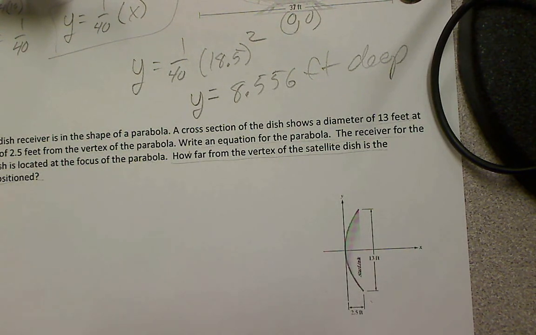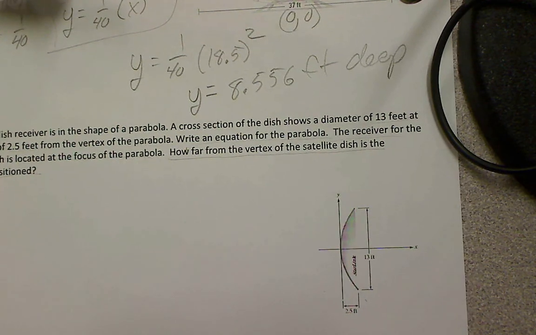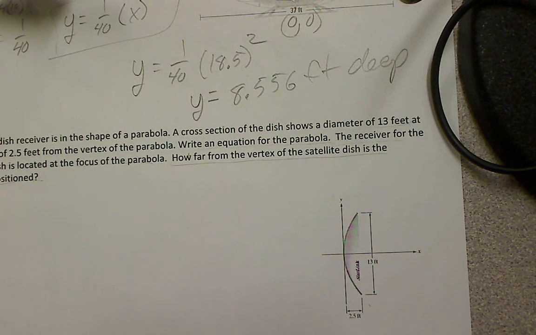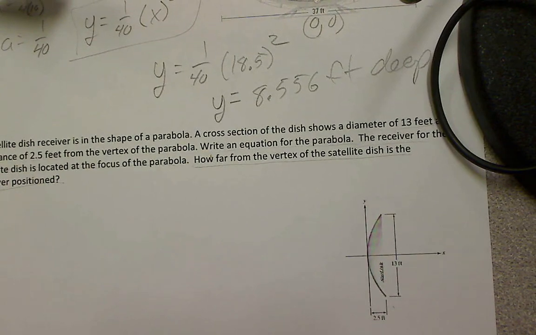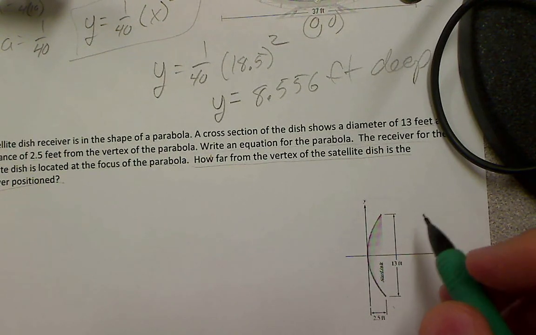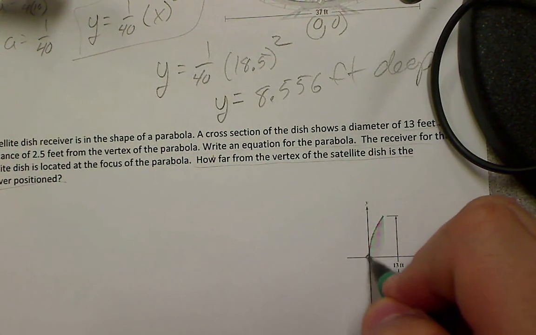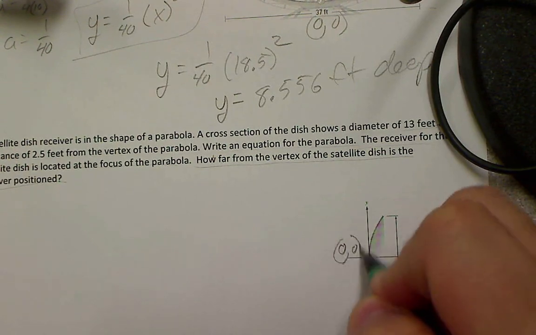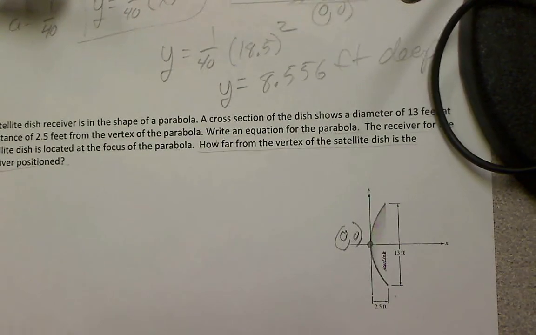So I need to figure out, it looks like the p-value this time. We had a problem like this on a prior assignment, a prior video. Since I don't know the vertex and it doesn't tell me, I'm going to put my vertex here at 0, 0. You don't have to always do this, but because it doesn't actually tell you anything about the vertex, I'm going to just use that.